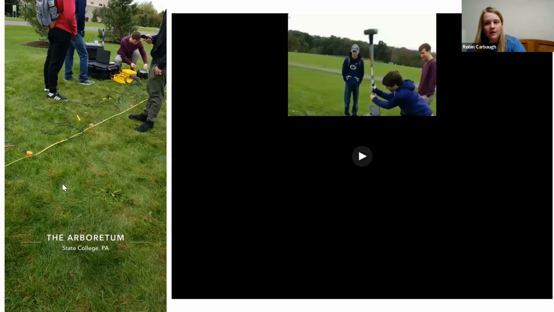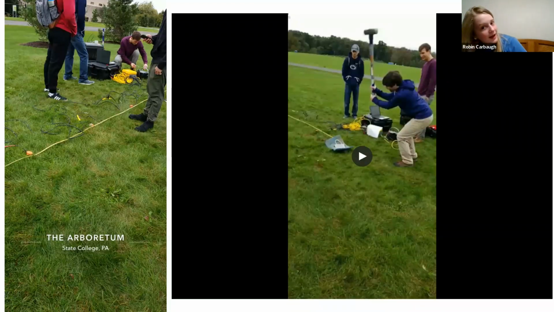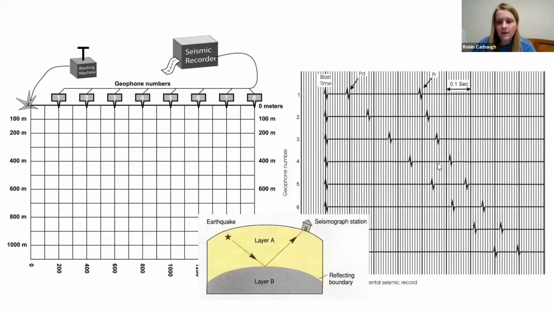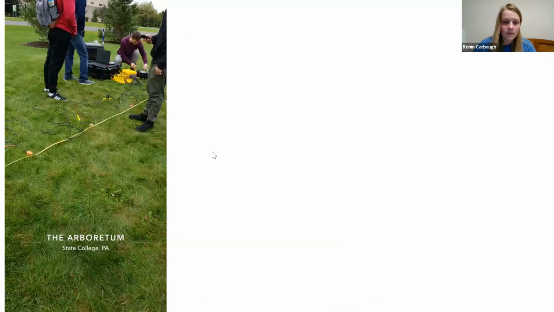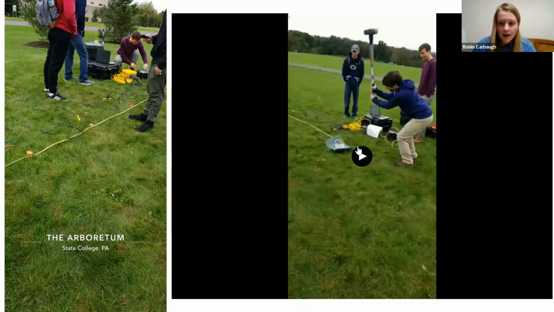When I was an undergrad, we actually did a lab like this. Sorry for the vertical pictures here, but I thought it'd be cool to show you what you're working with. We have all these wires. Each one of these little orange things is a geophone, and they are all attached to this computer, which will spit out a graph like this. Sometimes people will create a little explosion to create seismic waves.